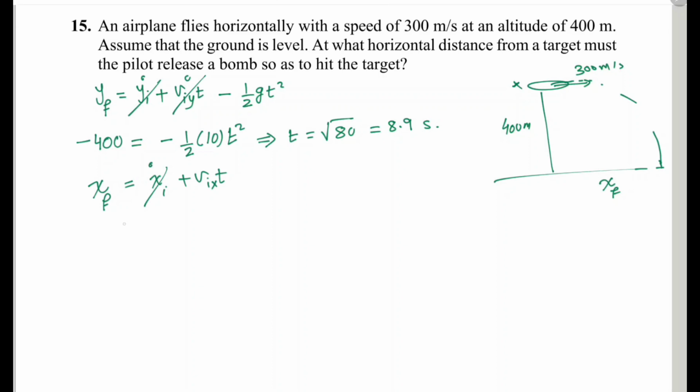Now x initial is 0 and the initial x is 300, this right here, times the t, we just calculated this one, 8.9, and you do the math for this one here, it's 2,682 meters or 2.7 kilometers. And this is the horizontal distance of the target.